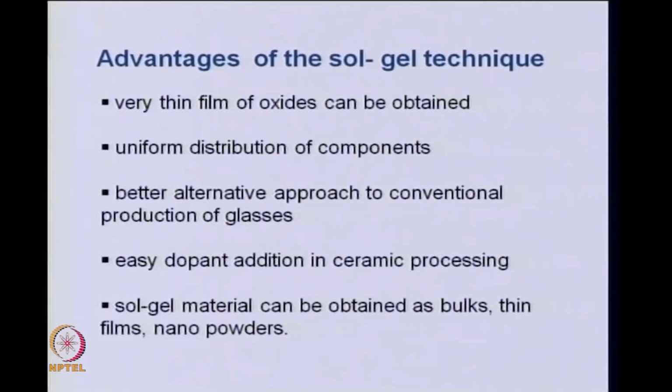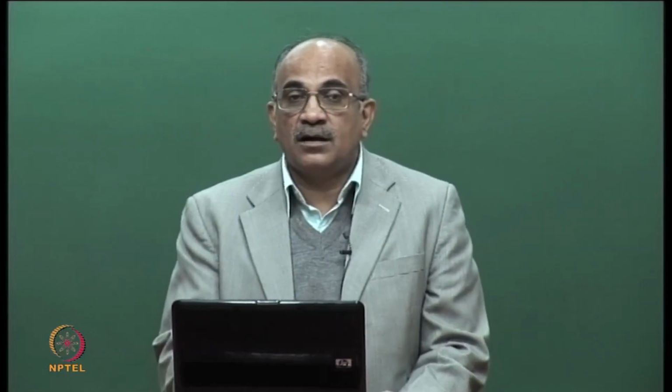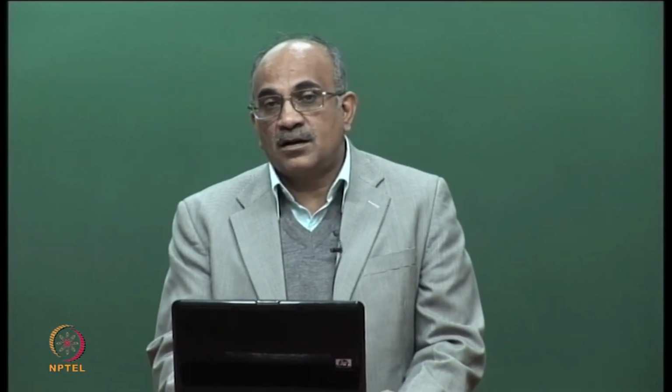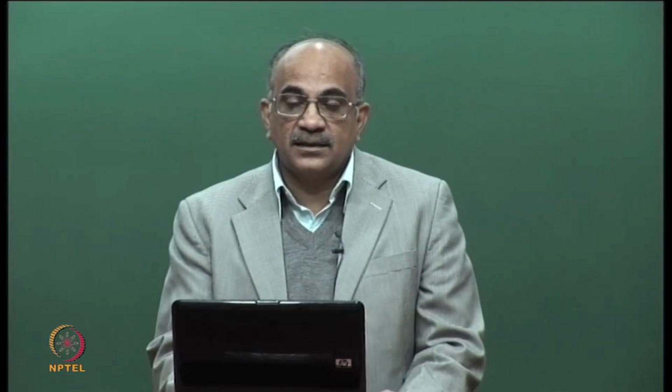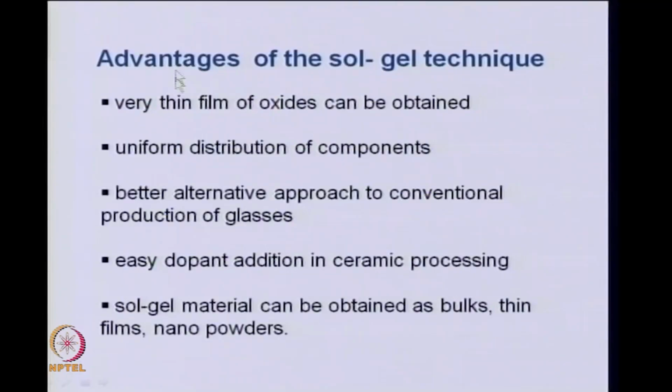Since you get a transparent sol, at that stage you can coat that sol on various substrates like glass or quartz or silicon, and then you can dry them to make thin films of oxides. Those thin films, of course, once you coat with the sol, have to be heated to get more mechanically stable films or ceramic films on the substrates.